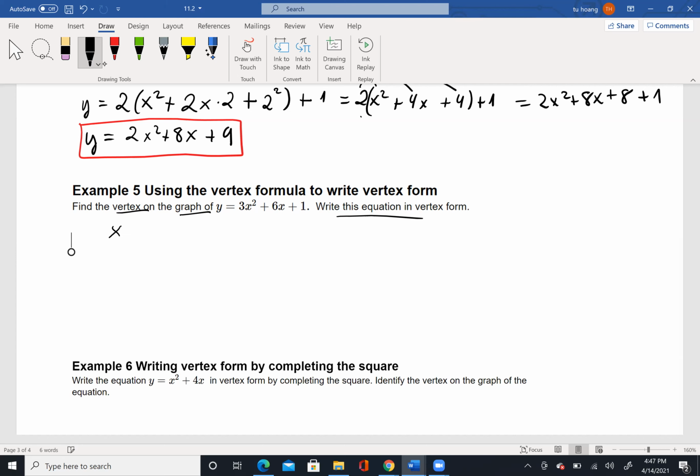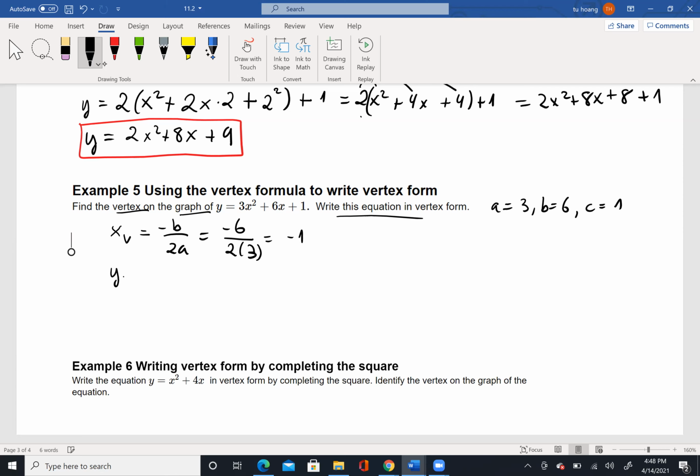So x of v will equal negative b over 2a, right? So remember that I have to list out a equal to 3, b equal to 6, and c equal to 1 in here. So that gives me negative 6 over 2 times 3, which equals negative 1.